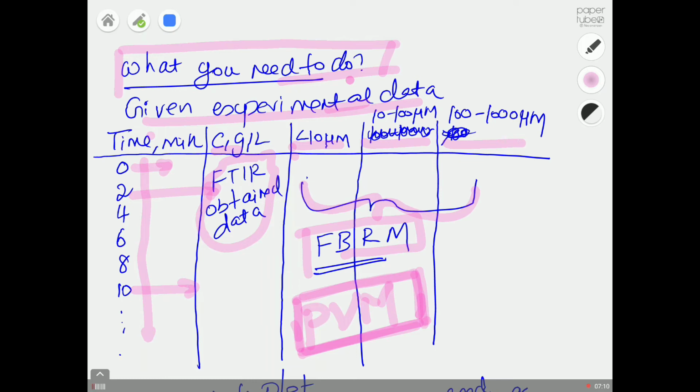We are capturing the images directly from the solution, so you have to compromise with optical resolution, but still you can see the shape of the crystals and the size of the crystals. If you want, you can even measure the length of the crystals.